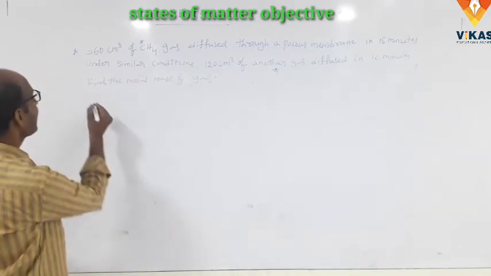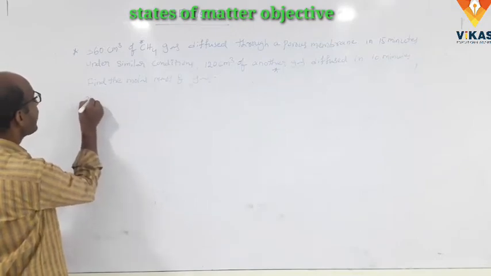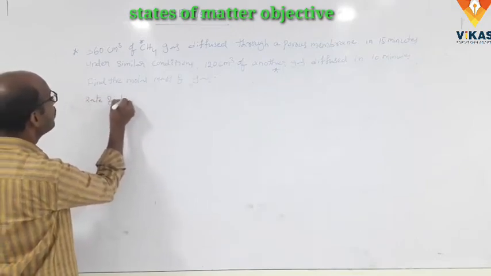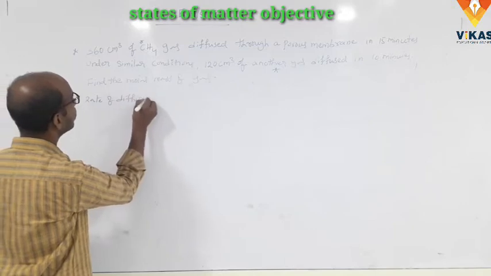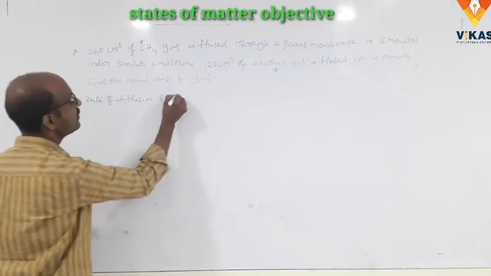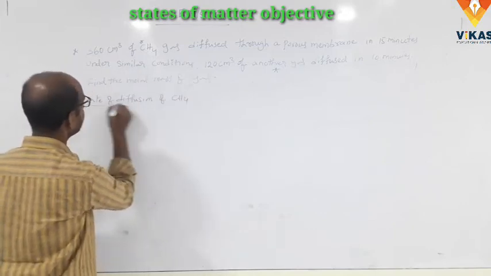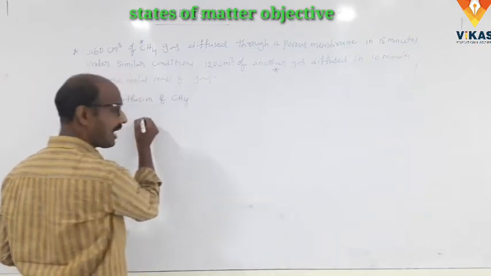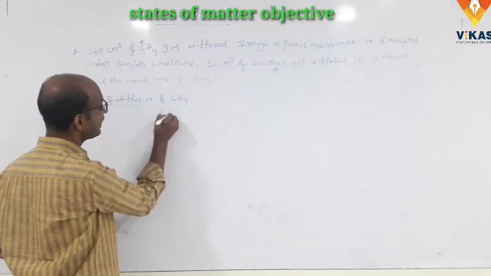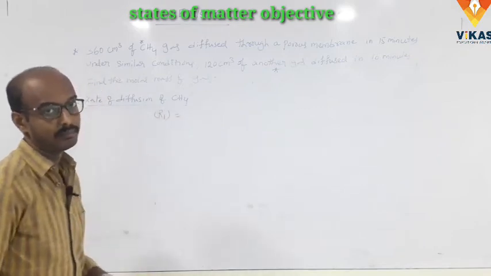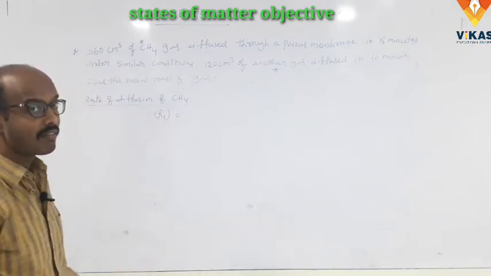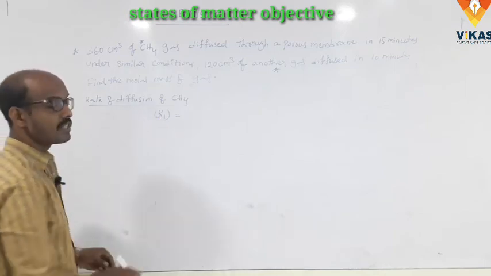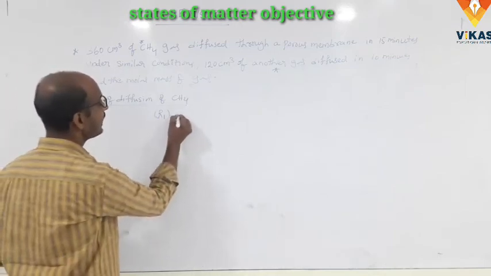So first we calculate the rate of diffusion of CH4. Let us call it R1. So how to calculate the rate of diffusion?